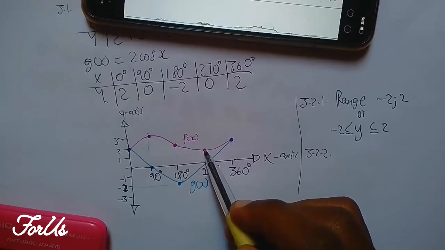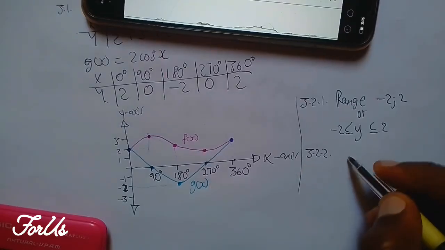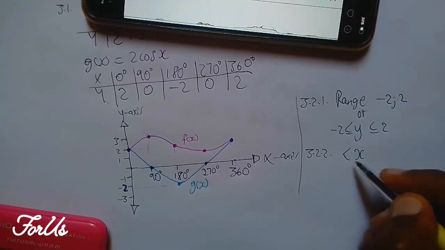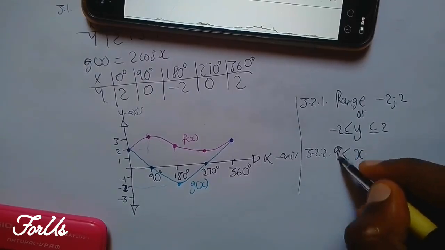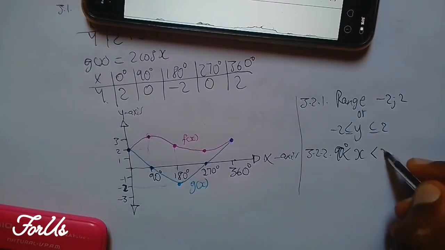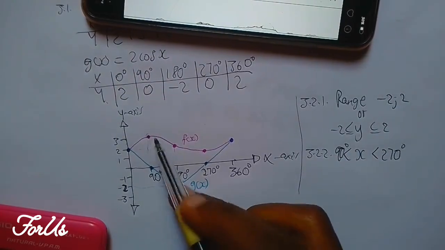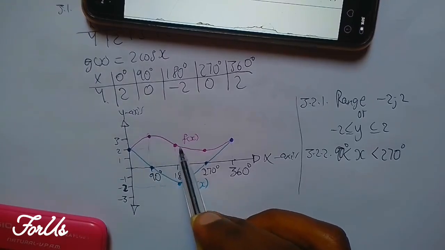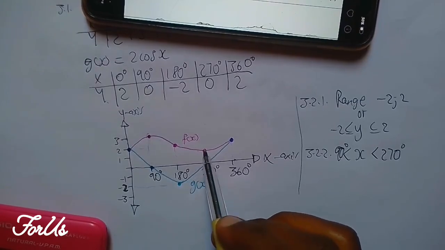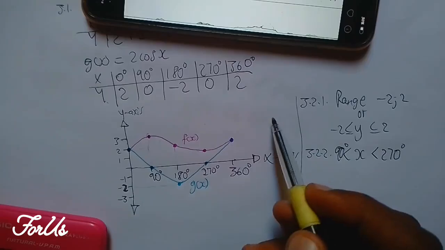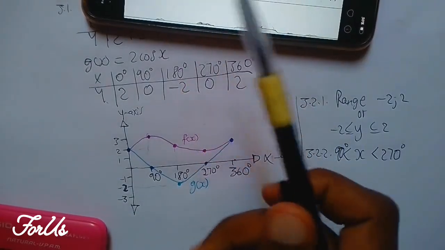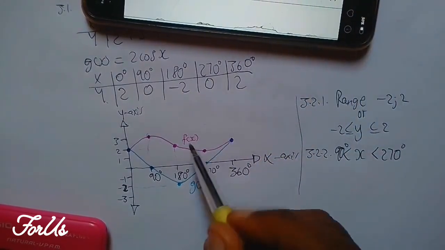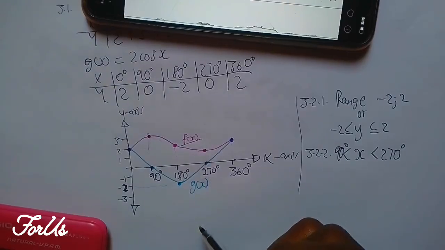So those x values are greater than 90 degrees, but they are less than 270. You can see this graph starts to decrease after 90, it's going down, and it stops there. After 270, it's going up, it's increasing. And on this question, they want those values where the graph decreases. Which graph? The graph of f of x.